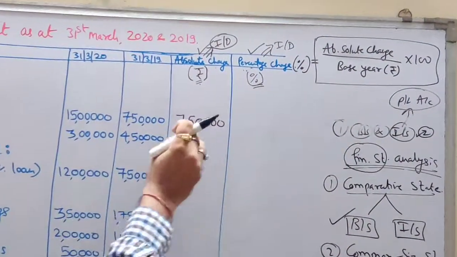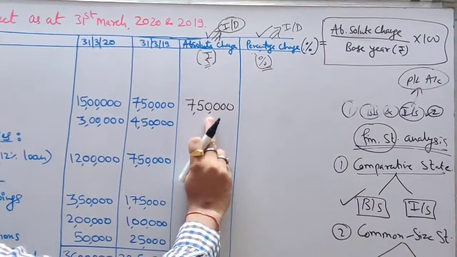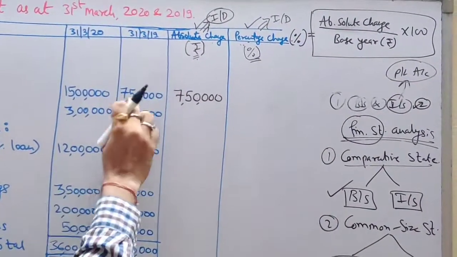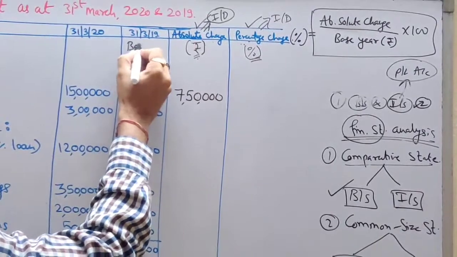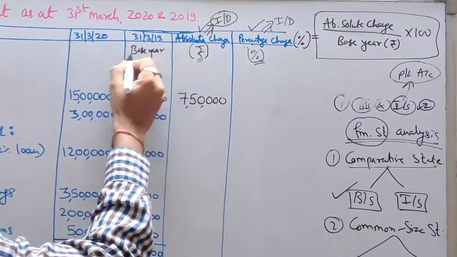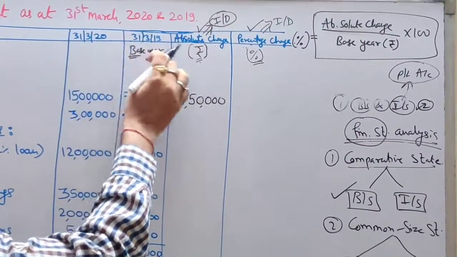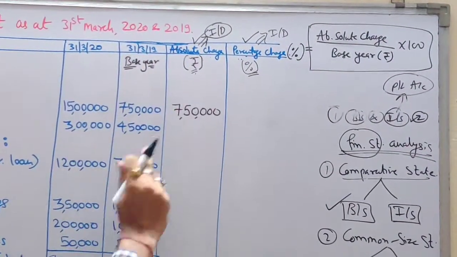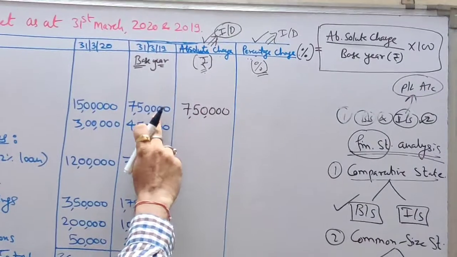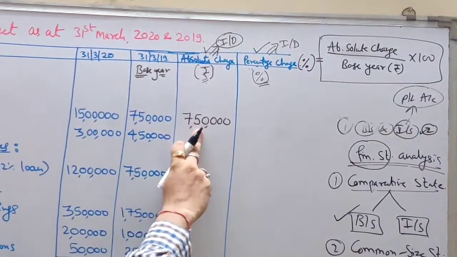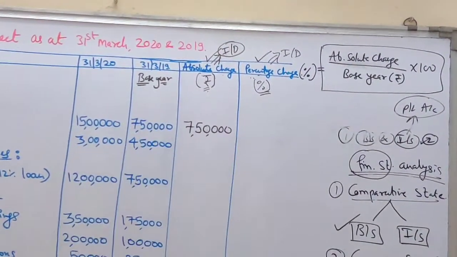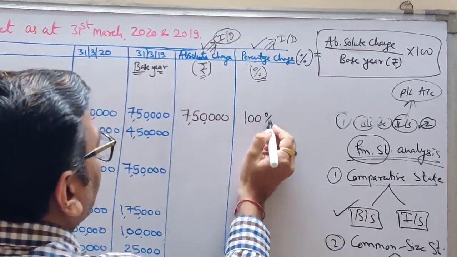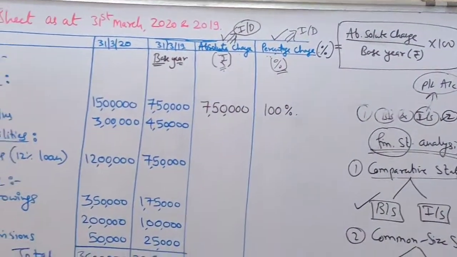What is absolute change? This amount. Base year is the earliest year, the oldest year, you will take it as base year. So 2019 is the previous year. Previous year you will take it as base year. So this column divided by this column. So 7,50,000 divided by 7,50,000 into 100. The answer will be 100%. Am I clear with this?